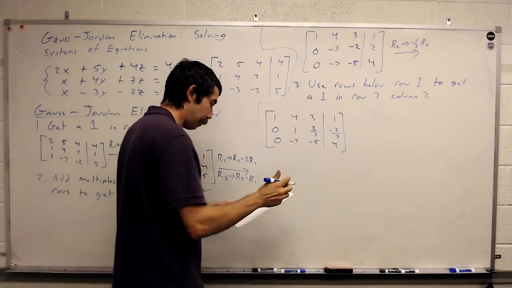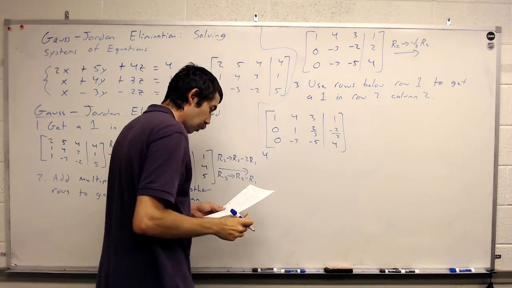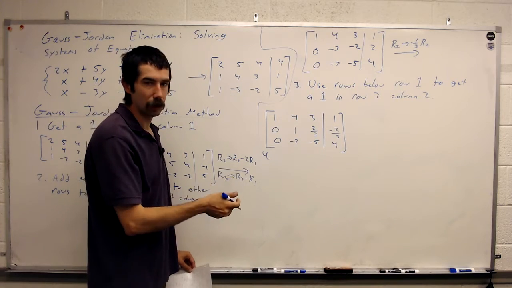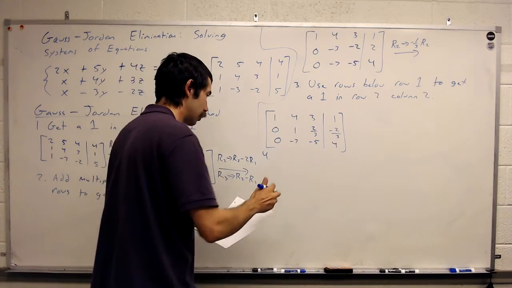Okay, what's the next step? We're going to add multiples of row 2 to the other rows to get zeros in the second column.